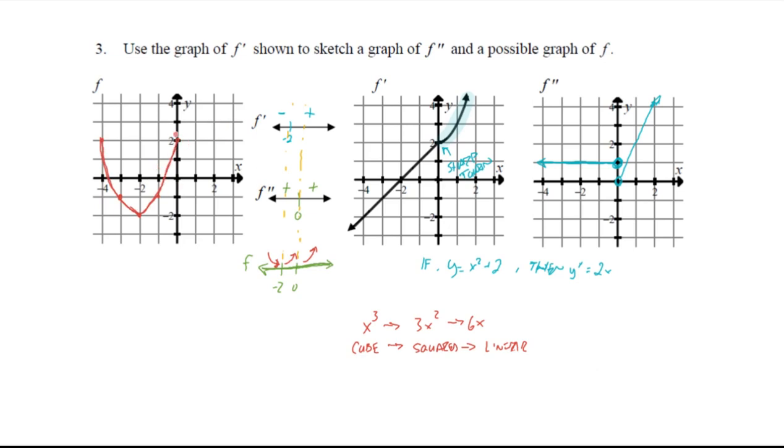But then right here at 0, this part where it crosses our y-axis, it changes from a squared function to conceivably a cubed function. Now, we don't have anything that tells us that that's actually what it is. It could be something else.